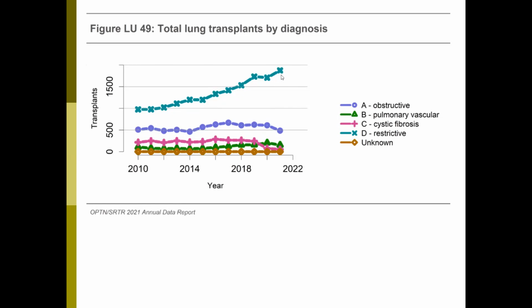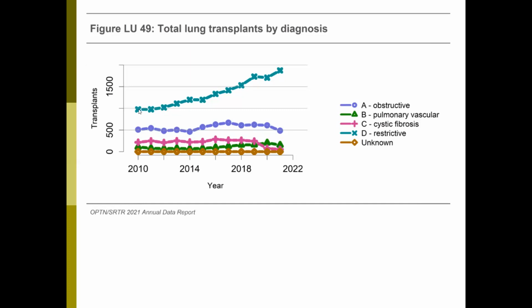On this slide, you can see from the legend, these greenish X signs are individuals with IPF or other restrictive lung disease that are transplanted. The blue line is the obstructive, mostly COPD patients, and the other colors are down on the bottom; they don't contribute very much in terms of the numbers of transplantation.